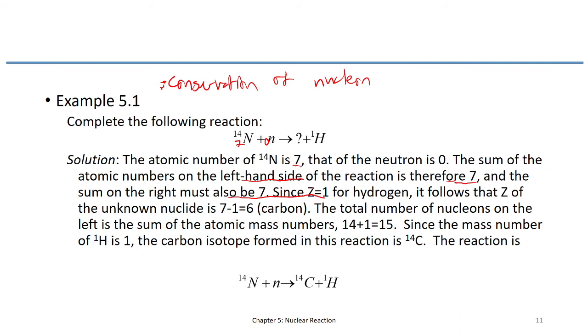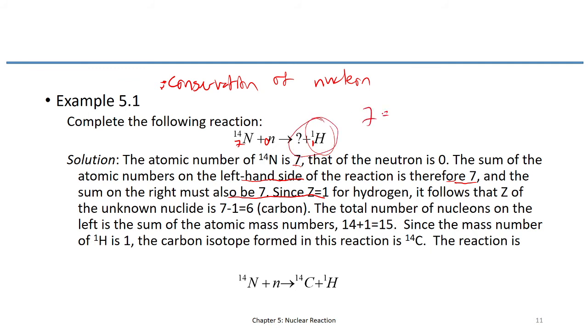And since we have hydrogen on the right, obviously the atomic number of hydrogen is 1. So the total should be 7.